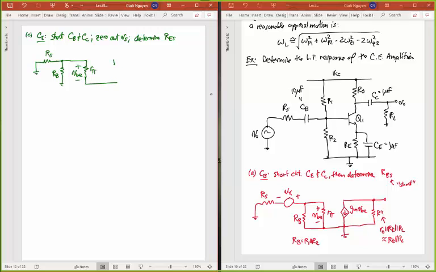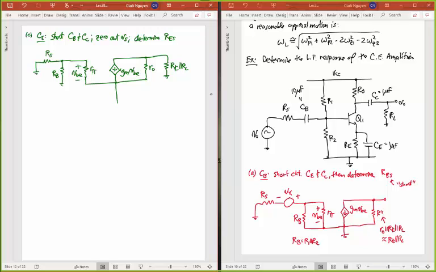I have the rest of my small signal circuit. Of course, I've open circuited my small capacitors, so you don't see C mu there, for example. So I have gm VBE. Over here I've got a resistance R0. And then back here, finally, I have a resistor RC in parallel with RL.